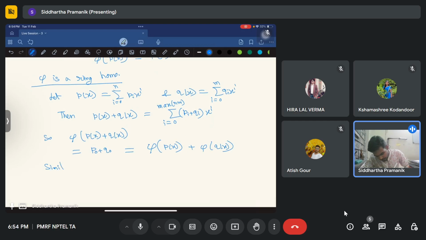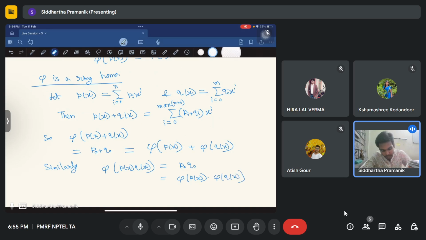In a similar manner, if you take the product p(x) times q(x) and apply phi, you will get p0 times q0. But this is phi of p(x) times phi of q(x).